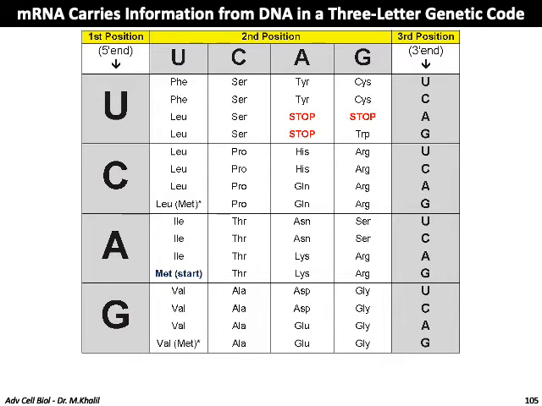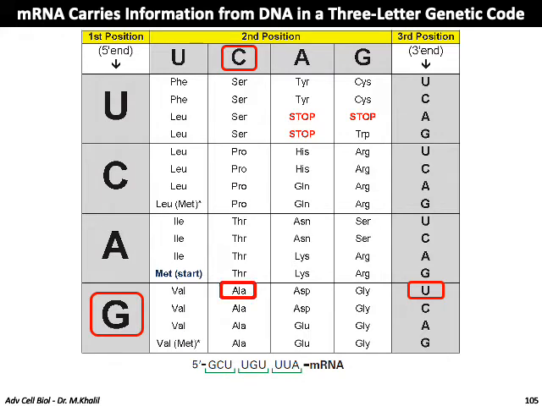So for example, if you have these three codons, the first codon is GCU, and keep in mind that reading starts from the 5' end of the messenger RNA. So the first codon is GCU, and this will be translated into alanine. You can try the other two codons; you'll see that they are translated into cysteine and leucine.